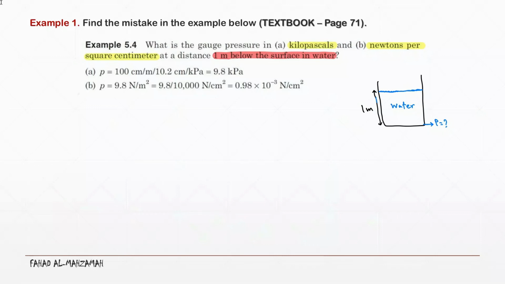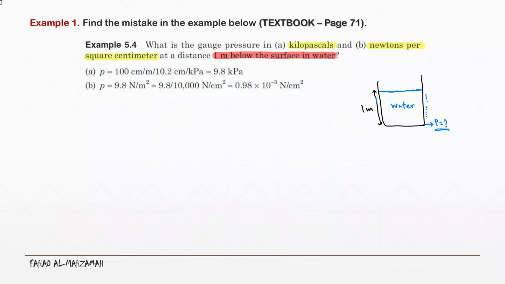As we mentioned, for the pressure of liquids, as the height increases, the pressure increases. So the pressure at this point is the highest pressure along the height of the liquid. You can simply use the formula.